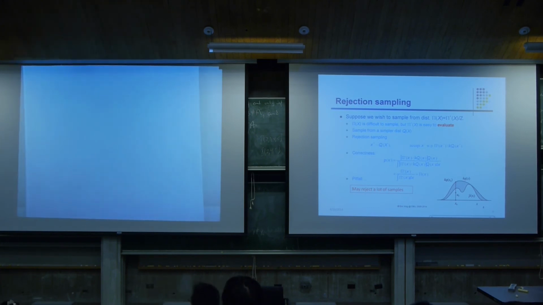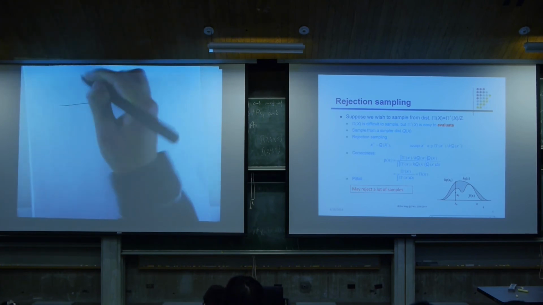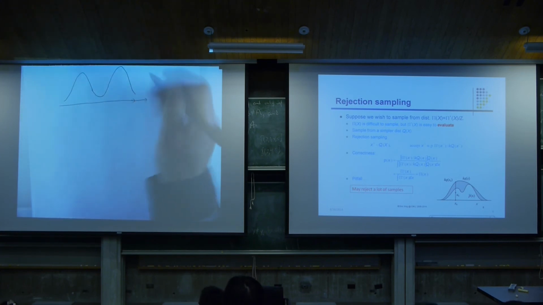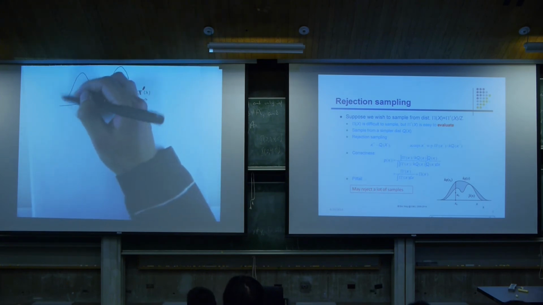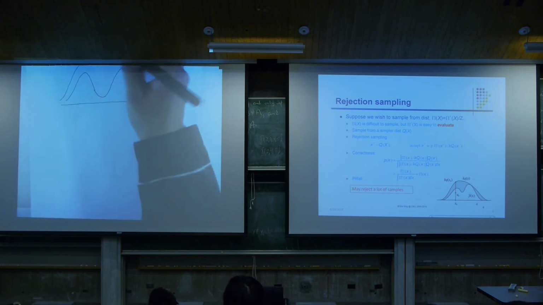It's very simple, but there is a problem. Let's take an example. So if my target distribution is like this, it is the Px, and you choose a distribution Q like this. It is a Gaussian Qx.